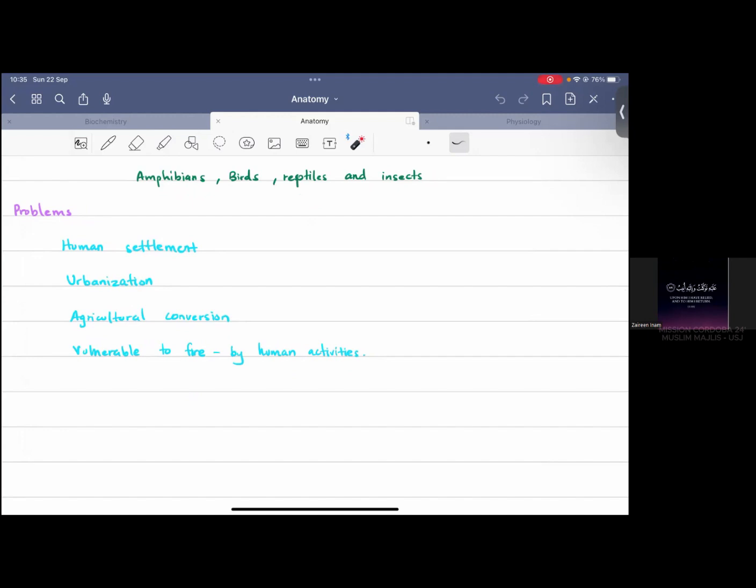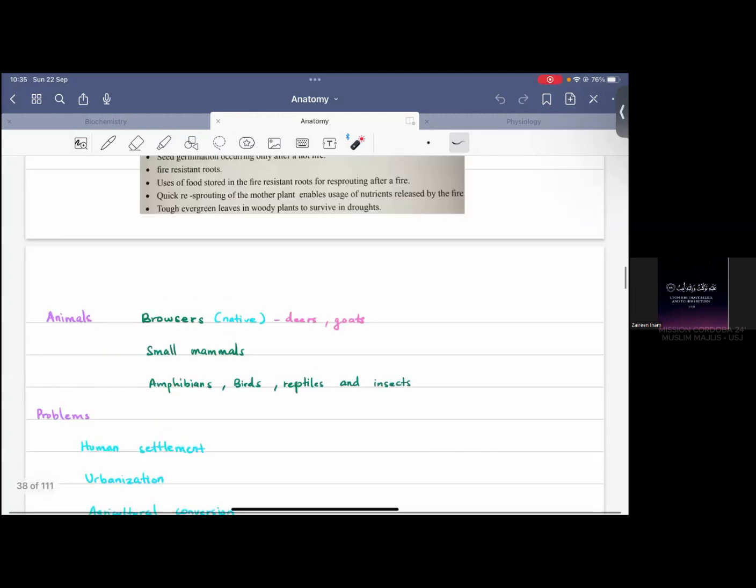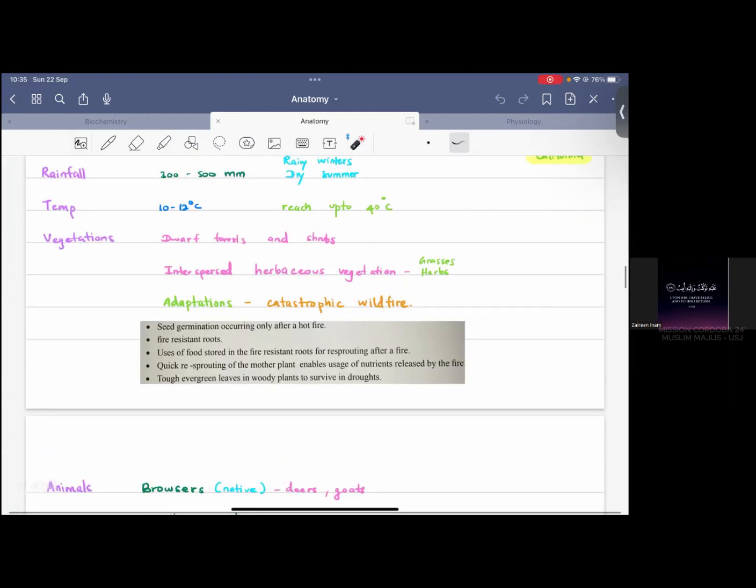It is always vulnerable to fire, but that is mainly due to human activities. So that is very bad. These are the problems related to chaparral, but they have some adaptations, and you have to remember the adaptations. This one, the chaparral, savanna, those things, have the potential to appear in the essay questions.